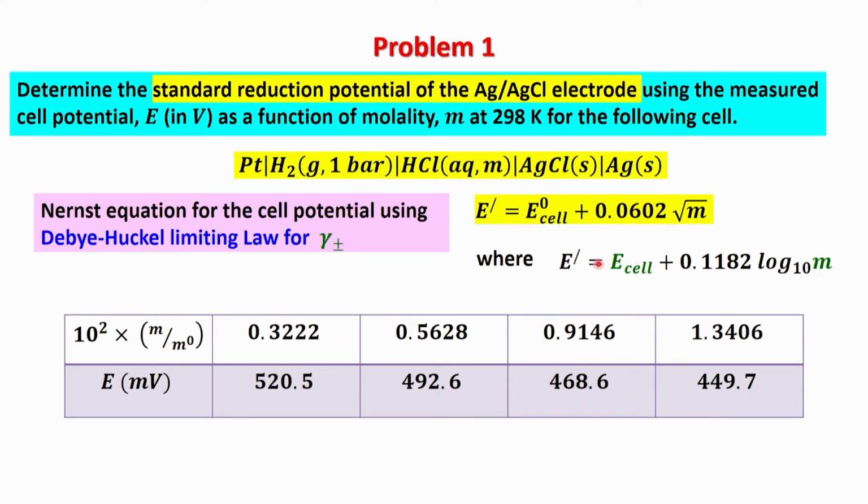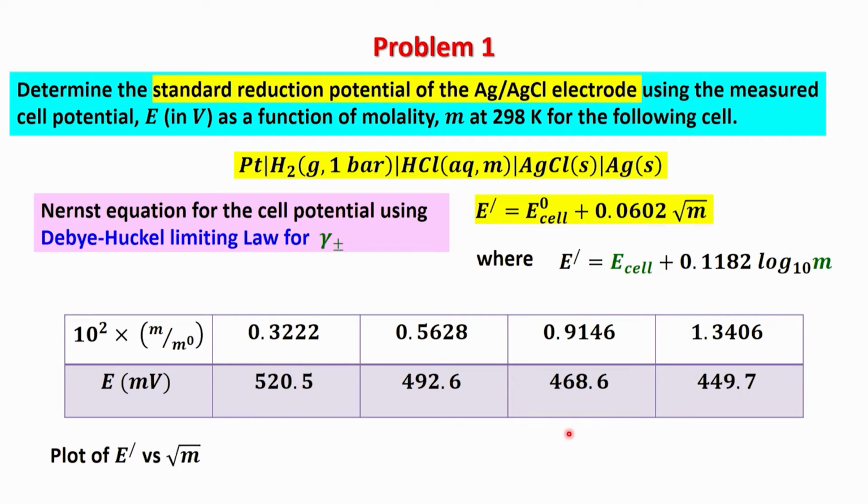And my working formula says that I know E prime under the given experimental condition, because E prime is nothing but E cell, which is measured, plus 0.1182 log to the base 10 m. Therefore, I know E prime from the experimental data, and I also know root m at each experimental data. As a result, I can plot E prime as a function of root m.